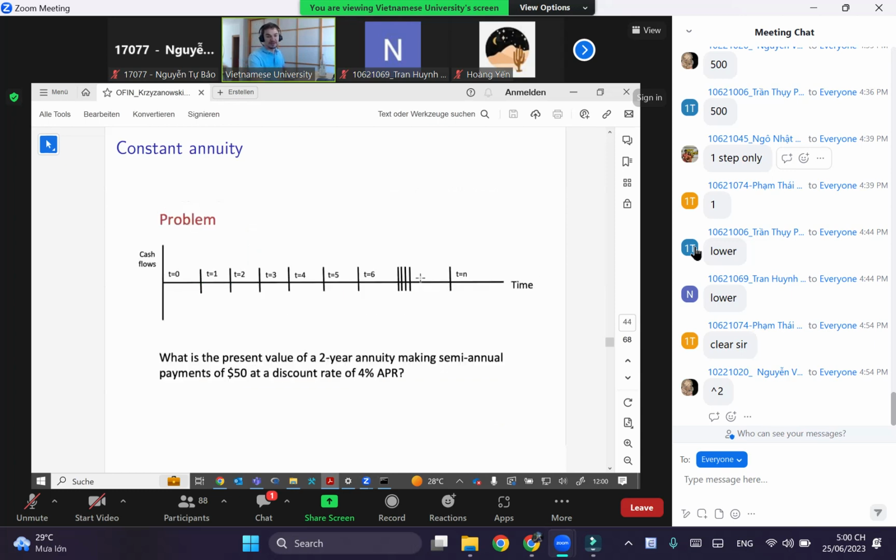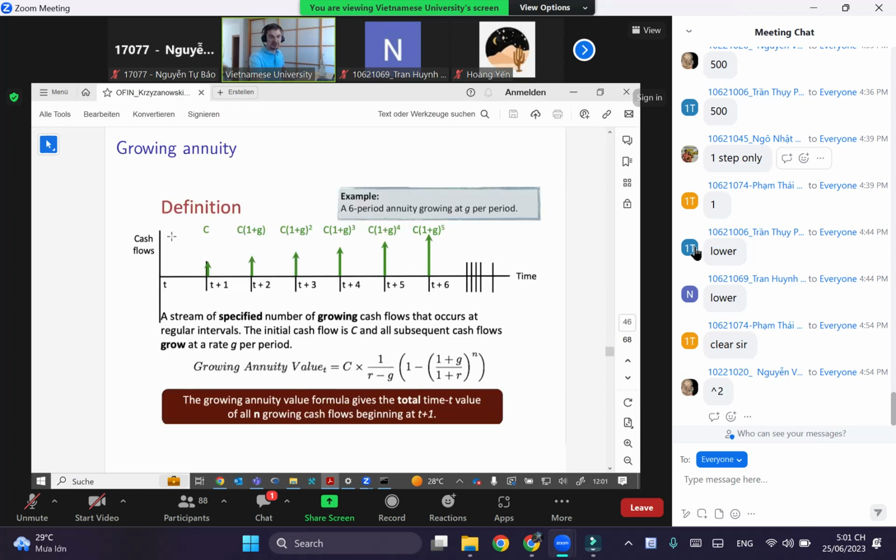But beyond this, there might also be a growing annuity, also over a specified number of cash flows.